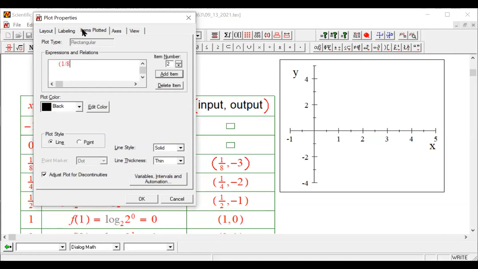Okay, so 1/8, comma, -3, red dot, 1/4, -2, 1/2, -1, input output, 1, 0, 2, 1, 2 input, output 1, 4 input, 2 output.